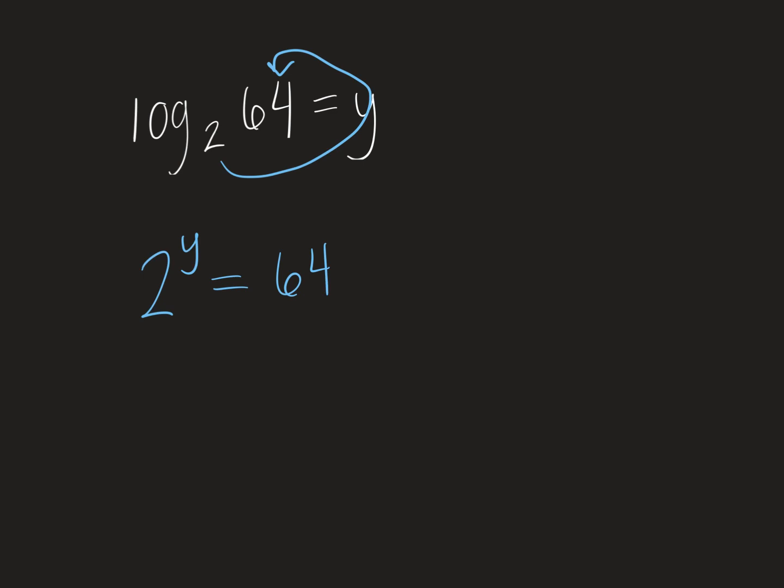So 2 to what power is going to be 64? You just have to kind of think about it. 8? No, too big. 2 to the third is 8, so times another 2 would be 16, and then 2 again is 32, and then another 2 is 64.